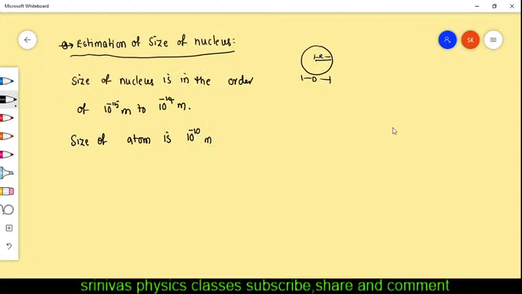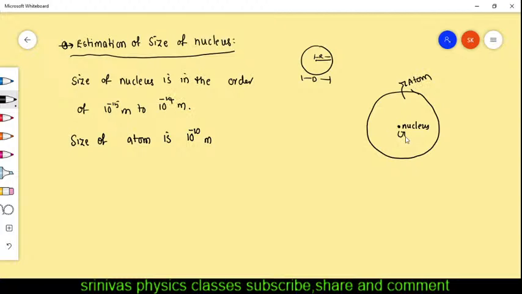That means the size of the atom is very much greater than the size of the nucleus. If this is the nucleus, then this is the atom. The atom size is very much greater than the nucleus size.